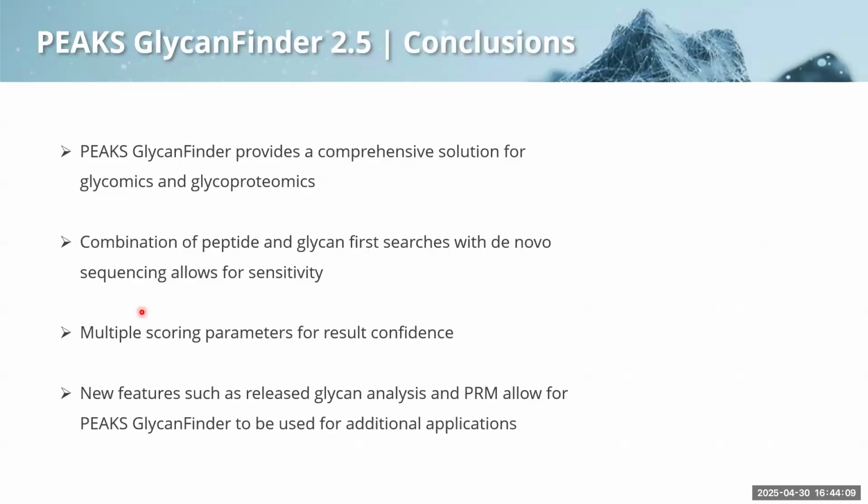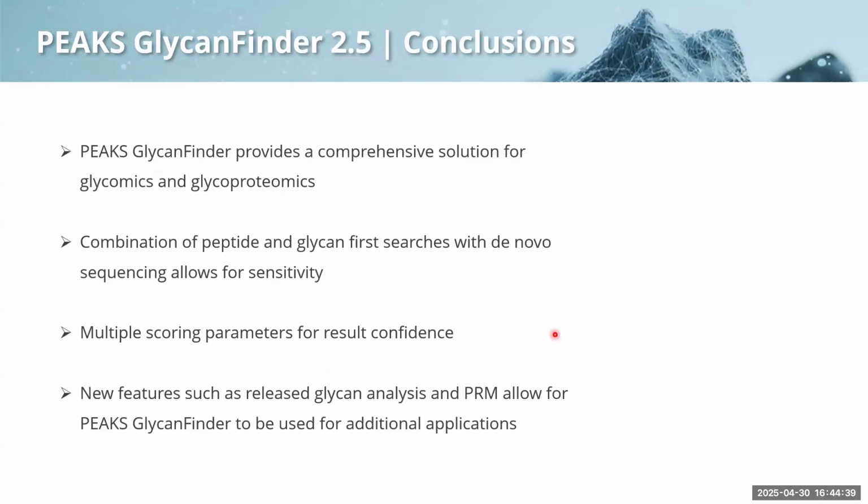So to conclude overall, hopefully I've been able to show you today that Peak's GlycanFinder can provide a comprehensive solution for Glycomics and Glycoproteomics. Combining the peptide first and glycan first searches with the de novo sequencing really allows for sensitivity across your sample, not leaving out any spectrum, maybe if the peptide fragmentation isn't so good.